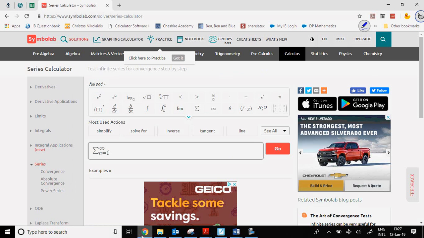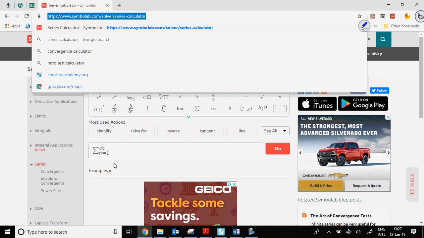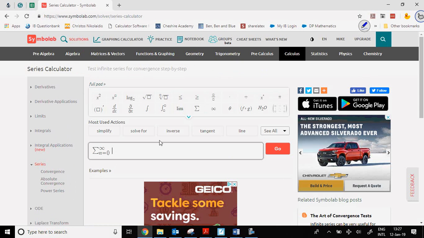It will, however, still tell you what tests to use. It just won't show you the work for it. So check out this website up here, symbolab.com/solver/series calculator. You can just type in your series right here, and it will give you the answer down below. It'll say converges or diverges, and it'll tell you what test, but you'll still have to figure out what the work might have been going into that.